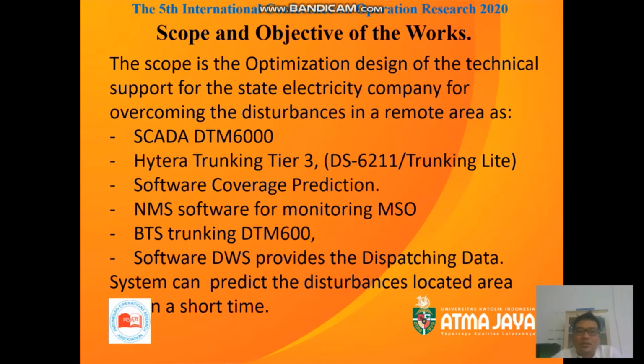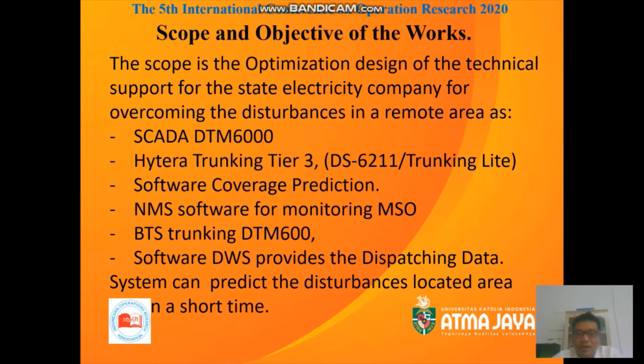The scope is the optimization design of the technical support for the state electricity company to overcome the disturbances in a remote area, and the devices needed are SCADA DTM6000, Hytera tracking tier 3.